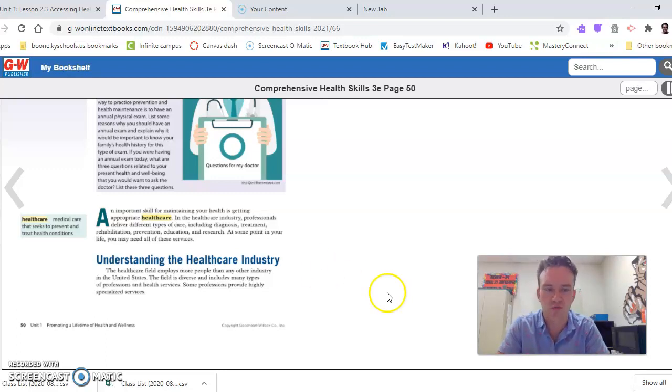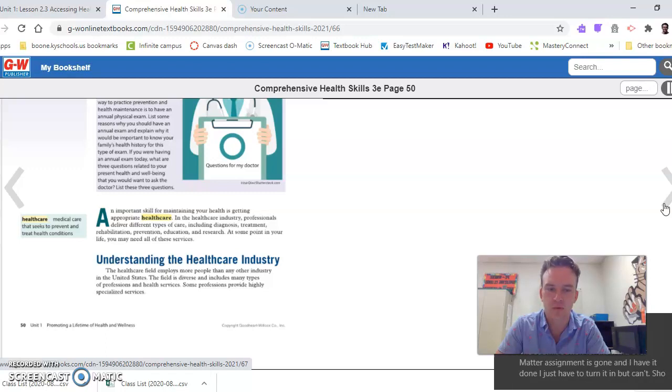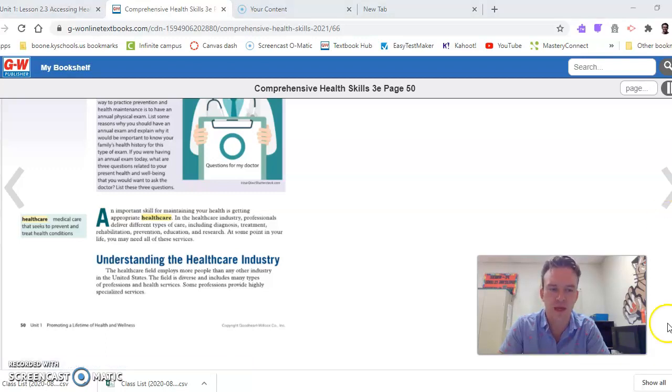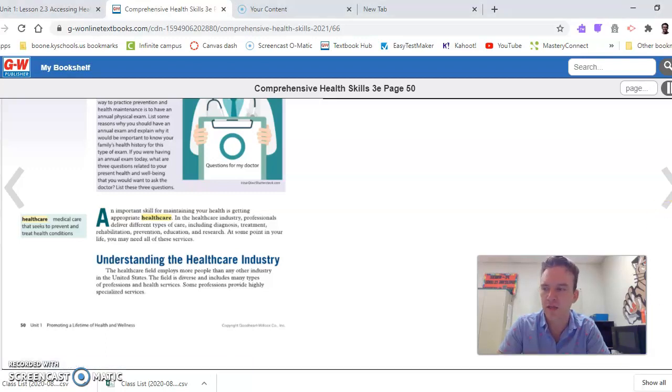So let's say you hit 25, you don't have any health insurance, and you get injured, and it is a serious injury. Let's say you get in a car wreck, and you suffer some serious trauma, internal bleeding, things like that, and you go to the hospital, and they won't treat you because you don't have health insurance, and they don't think that you can cover a $75,000 medical bill.